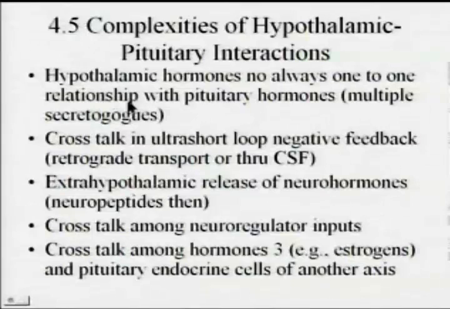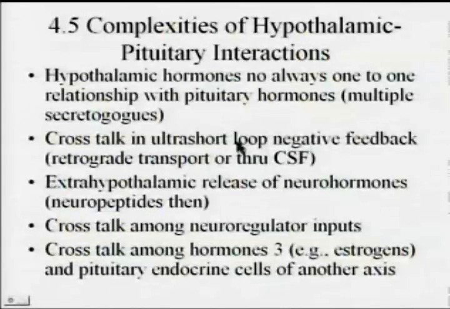So the hypothalamic hormones are not always a one-to-one relationship with pituitary hormones. In other words, there are multiple secretagogues for any one pituitary hormone. There's crosstalk in the ultrashort loop negative feedback, which might be through retrograde transport up the axon terminals. We saw the marker used to identify the retrograde transport, the tract tracing substance, in that earlier slide.